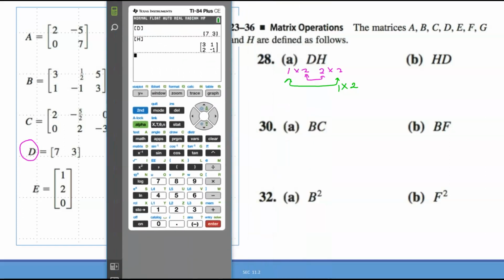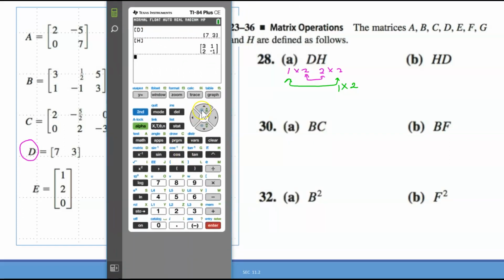So already in there. Then I'm just using up arrow, matrix D to select, times matrix H to select. There's our solution, a 1 by 2, 27, 4 matrix answer.